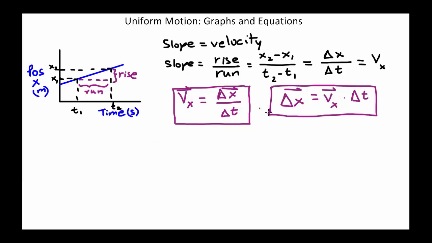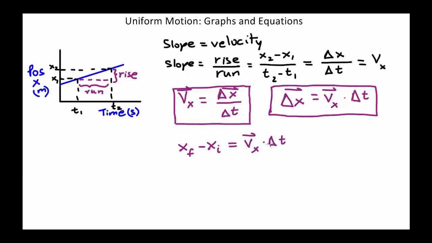Now in our example, we used the points that we investigated. We called them 1 and 2. It's common to call these points the initial and the final state of the motion. So if we did that, this delta x would simply be xf minus xi, and that would be equal to vx times delta t.